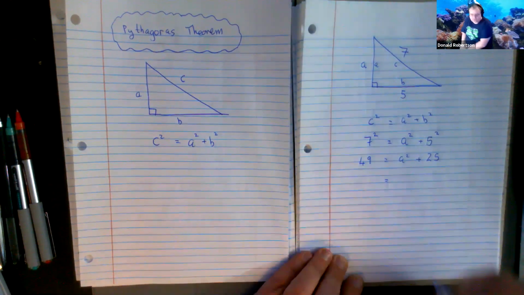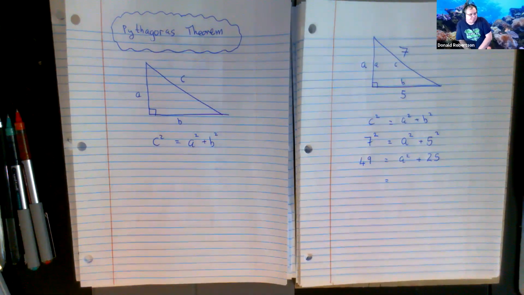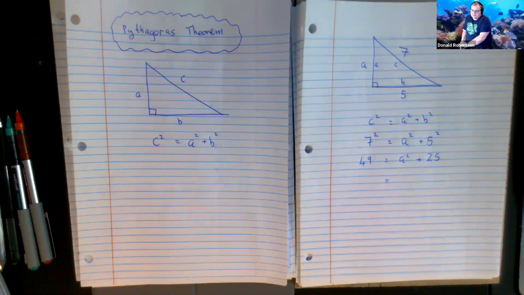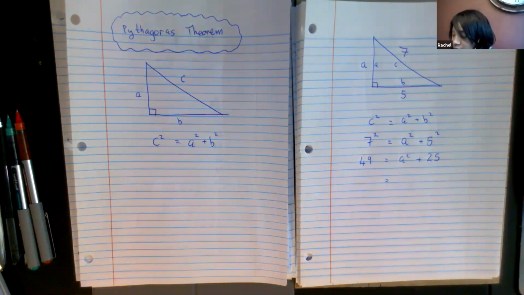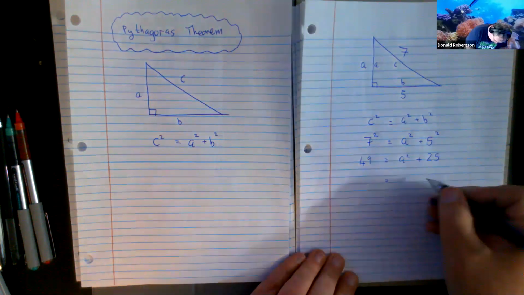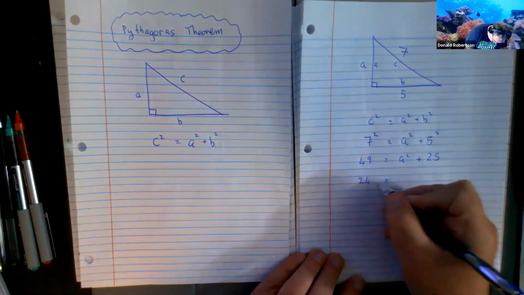And now we're going to solve an equation. Okay, solving equations. As long as you do the same to both sides, it's okay. Tell me what I should do to both sides to get closer to the answer. Subtract 25 from both sides. Now, if you take 25 away from that, you're going to get 24.